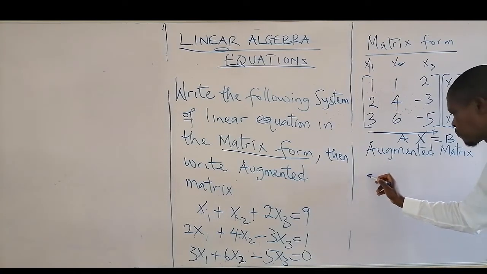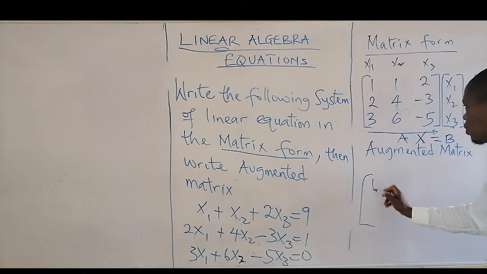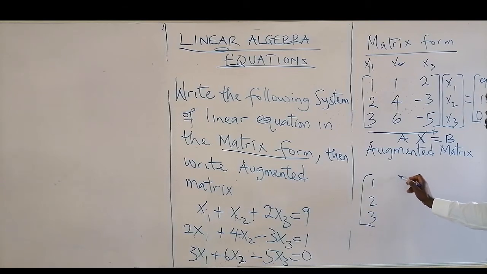That will be equal to, you write your matrix 1, 2, 3, 1, 4, 6, 2, minus 3, minus 5. Then you put a line there, a slash there, with your B, which is 9, 1, 0. So when you are writing your augmented matrix, the variables will not be there again. So that's your augmented matrix.